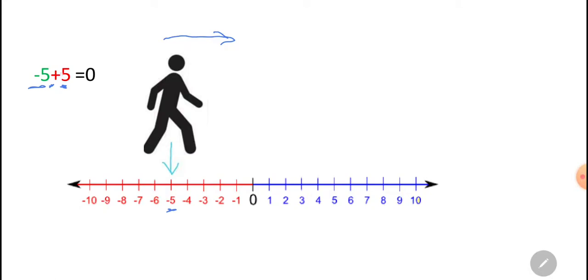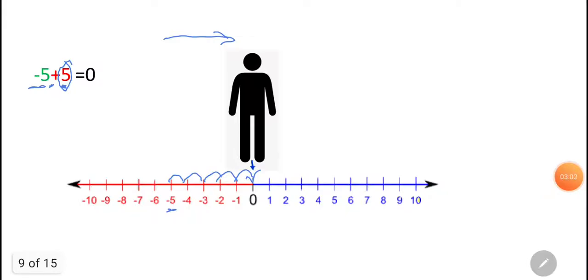Remember, if this number is positive, then we just walk forwards. If it's negative, then we walk backwards. Since it's positive, we're walking forwards by 5 steps: 1, 2, 3, 4, 5. If he takes those steps, he will end up at 0, like so.